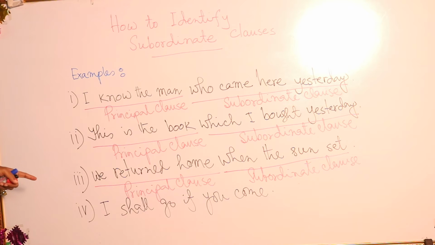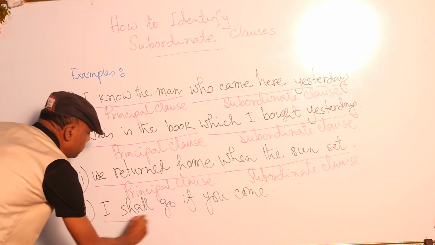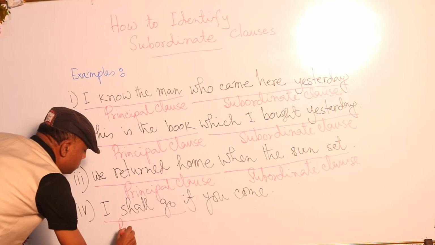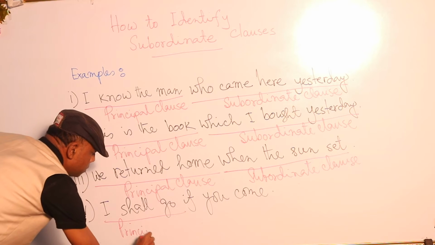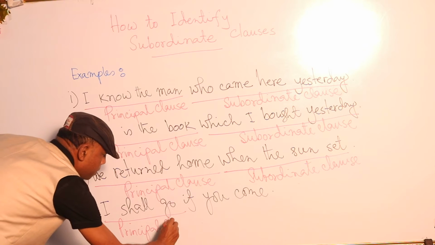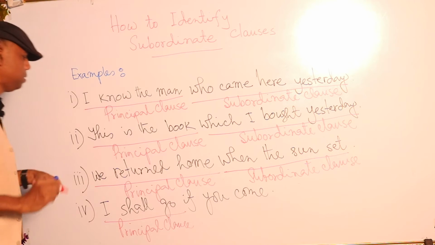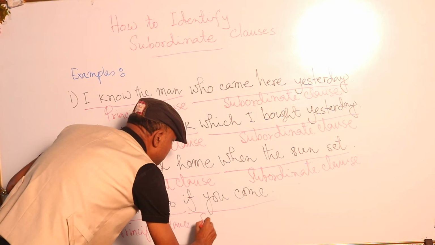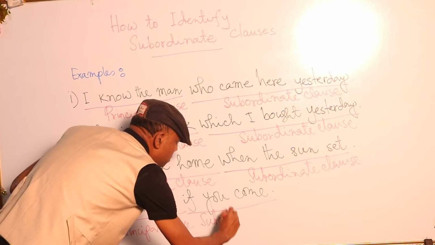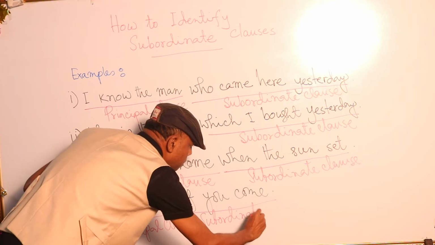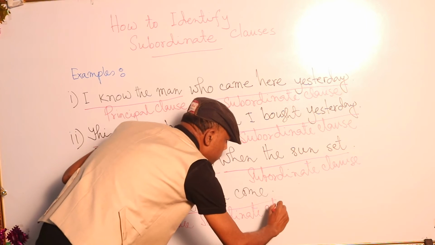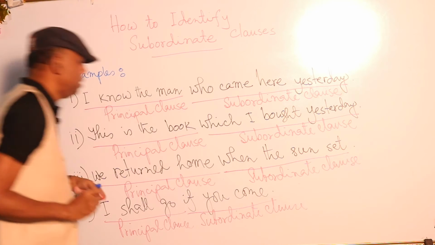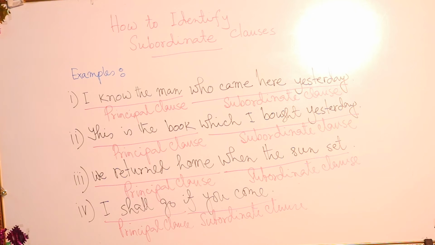And example number 4: I shall go, it is a principal clause, and if you come, it is a subordinate clause.